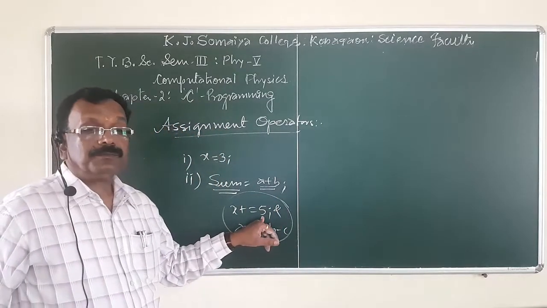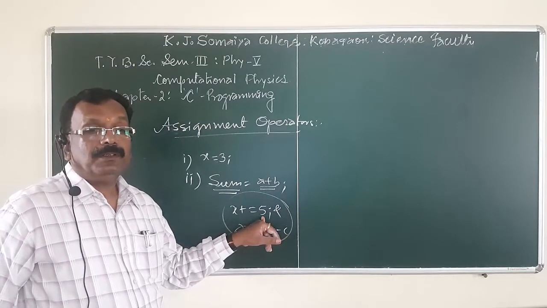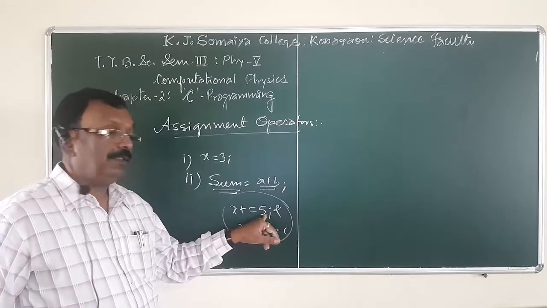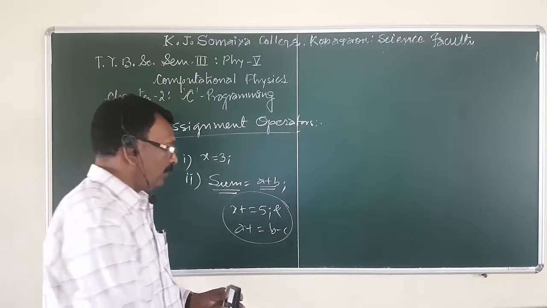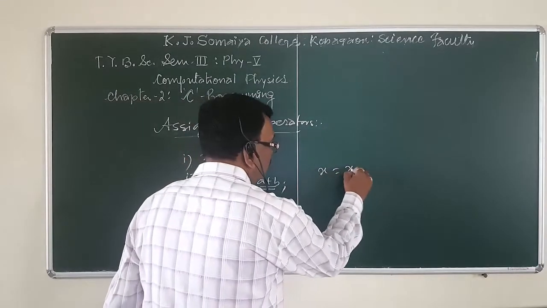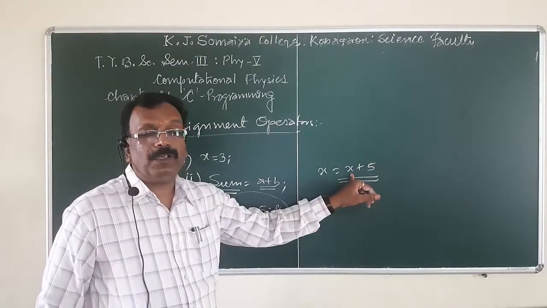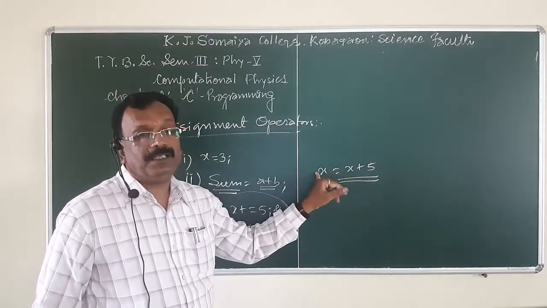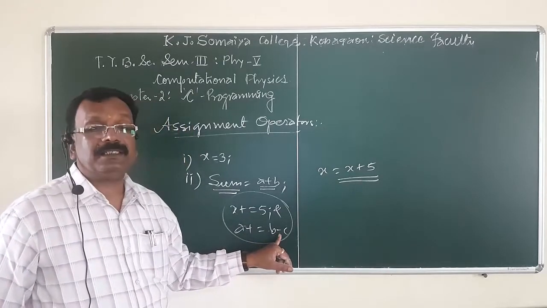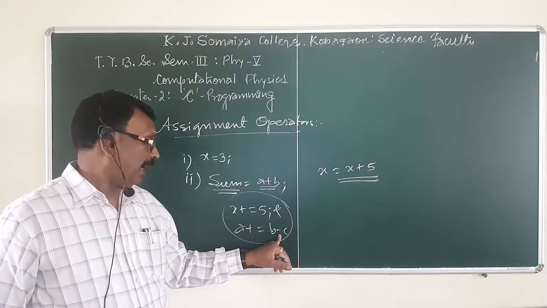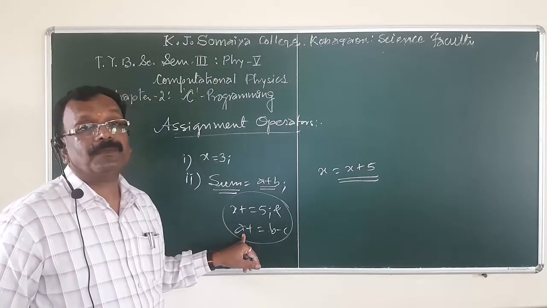See here, number 5 will be added to the value of x, or we can write this as x is equal to x plus 5. Value of 5 is added to the value of x and then assigned to x. And here first evaluate B minus C and then add the result to the value of A.